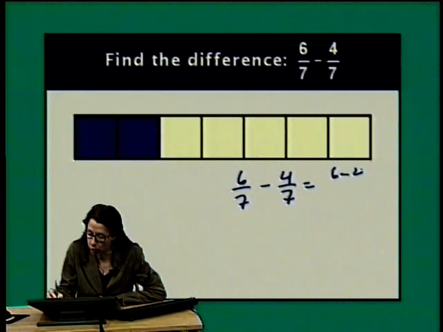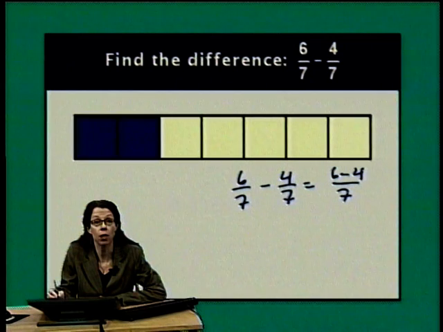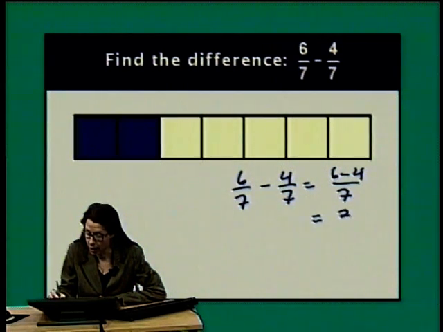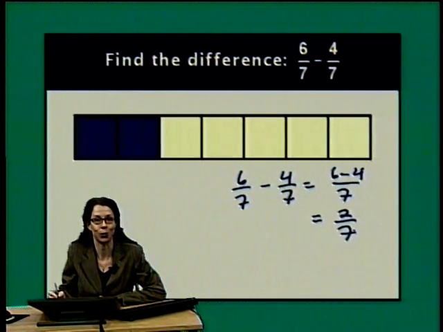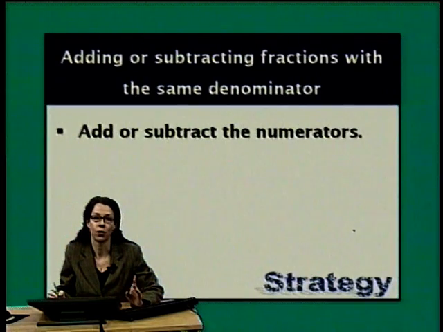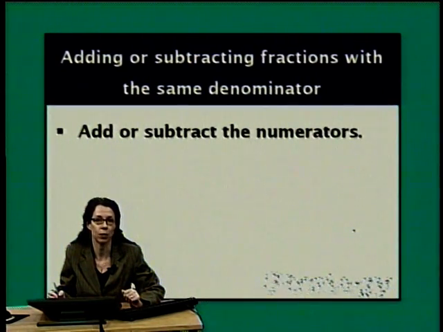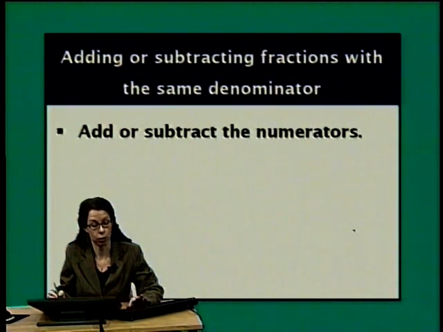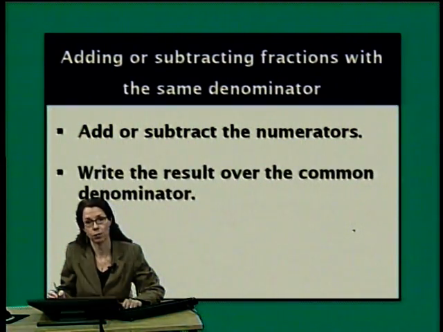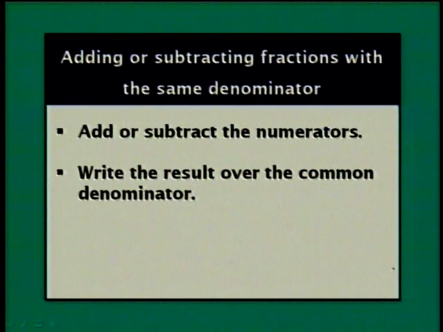I've subtracted the numerators, wrote the result over the common denominator, and ended up with 2/7. So our strategy, when adding and subtracting fractions with the same denominator, we add or subtract the numerators and then write the result over the common denominator.